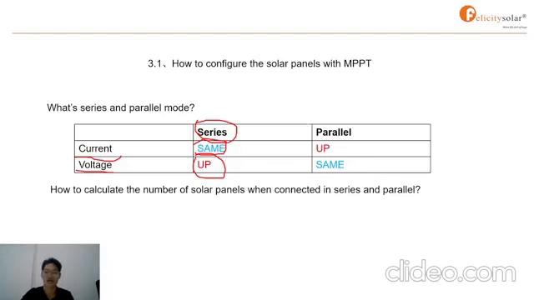But differently, if you connect the panels in parallel mode, your current will be multiplied, just like the voltage. So if you connect 5 panels, the current will be 5 times, but the voltage will still be the same. Yeah, that's it. That's very simple.